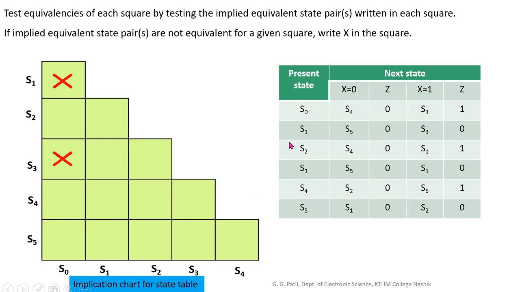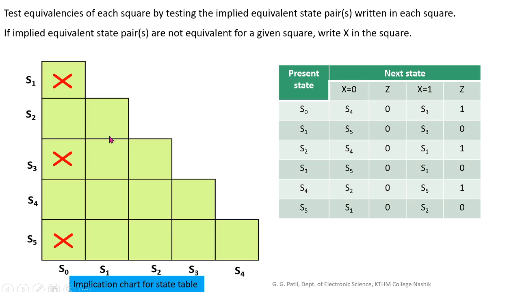Then S0 S5, the last square in this column. Outputs are 0 0 here and 1 0 here, so we'll place the cross mark since the output is different. So place the cross mark.